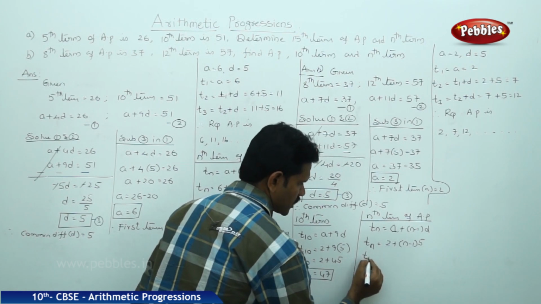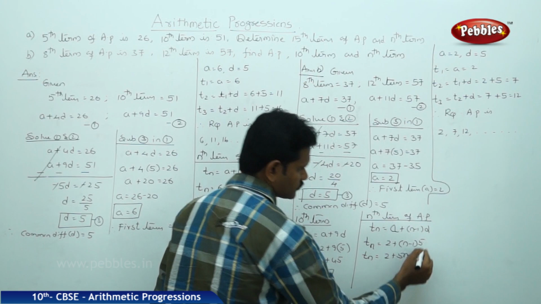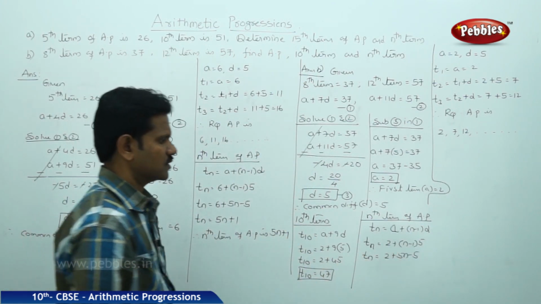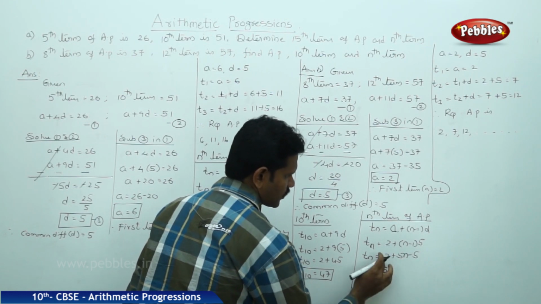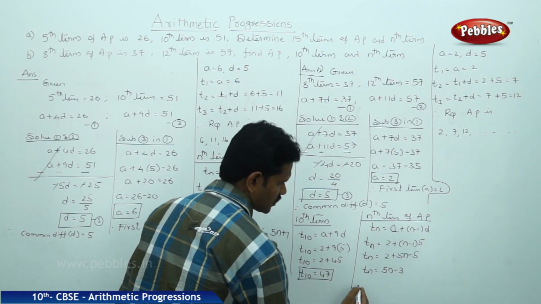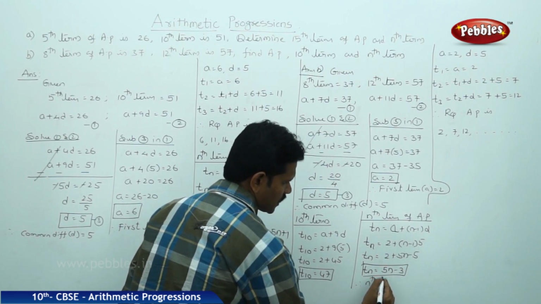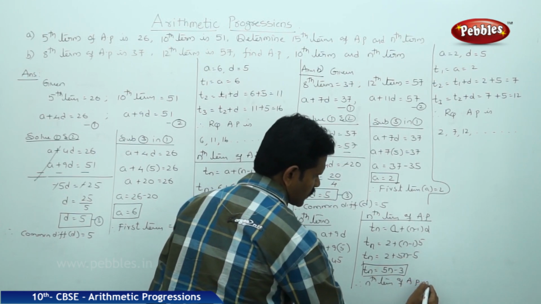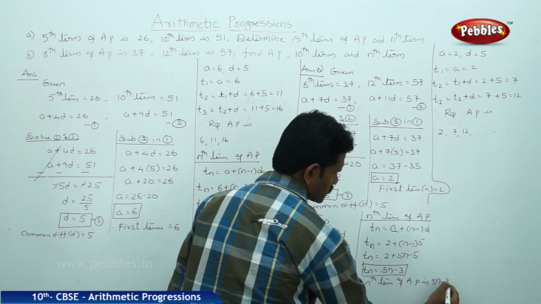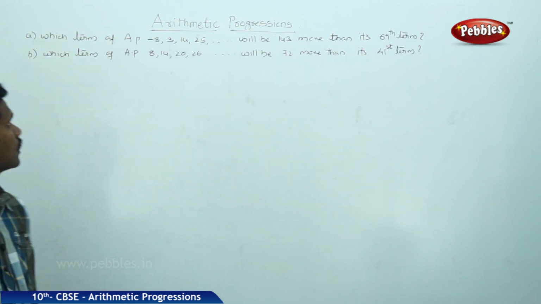That is, Tn is equal to 2 plus 5n minus 5. That is, Tn is equal to 5n plus 2 minus 5, that is minus 3. Therefore, the nth term of AP is 5n minus 3.